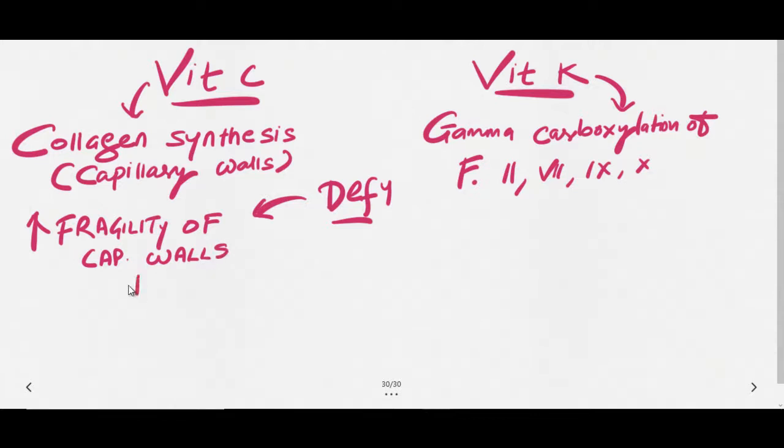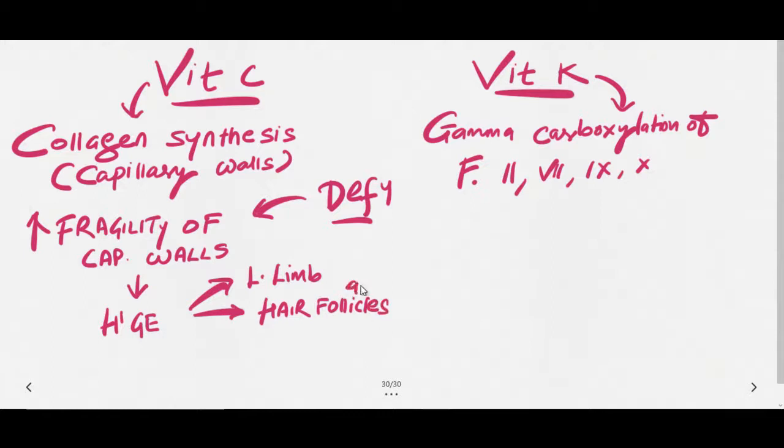And in that case, there will be hemorrhages, and these hemorrhages could be spontaneous, and they are especially seen around lower limbs, around hair follicles, and the third common site is nail beds. So you will see hemorrhages in the lower limb in the form of hematoma, especially around joints.